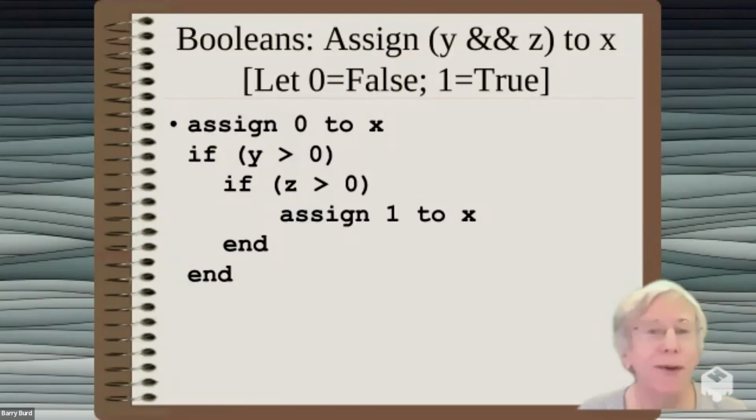Oh, or. How would we do or? Could you do assign 1 to X, and if Y is 0, if Z is 0, assign 0 to X?